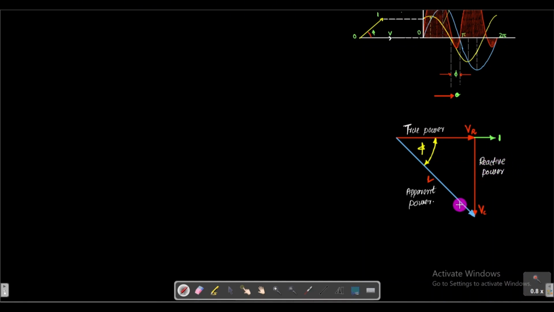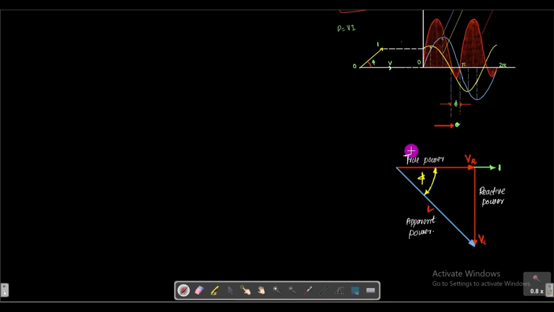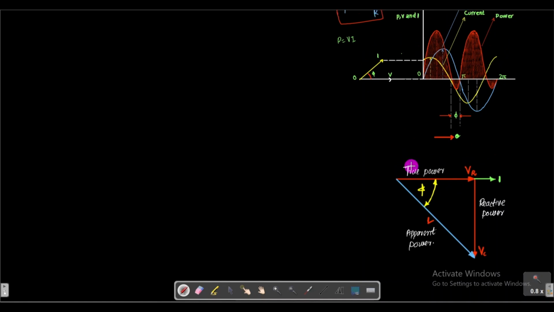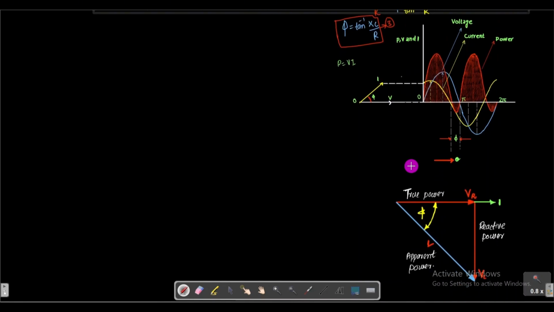If we combine this reactive power with the apparent power, it will give us the true power. So from here the power factor for the resistor is given.